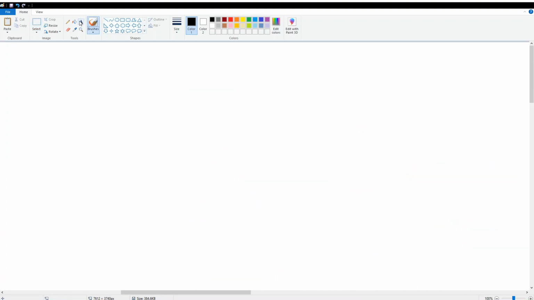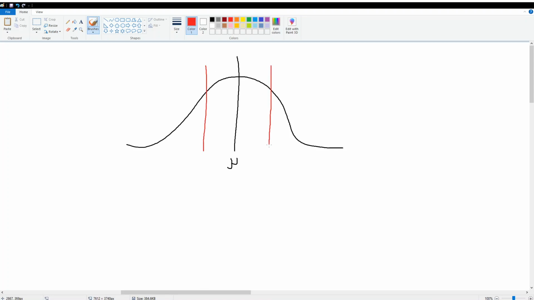So, let's suppose we have our normal distribution here, and we have our mean right here. We're going to let red be 1 standard deviation above and below the mean. So 1 standard deviation.